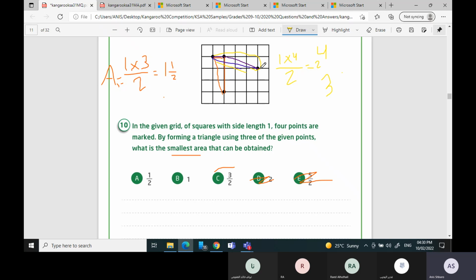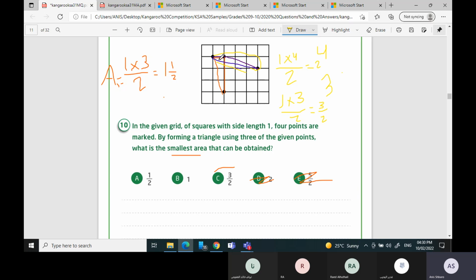Let's try it for the smaller one. 1, 2, 3, and 1. 1 multiplied by 3 over 2. Of course, don't forget the over 2 term, because if we didn't write the over 2, we're finding the area of the whole rectangle. We need only to find the area of the triangle. So it's equal to 3 over 2, which is 1 and 1 over 2, or 1.5.